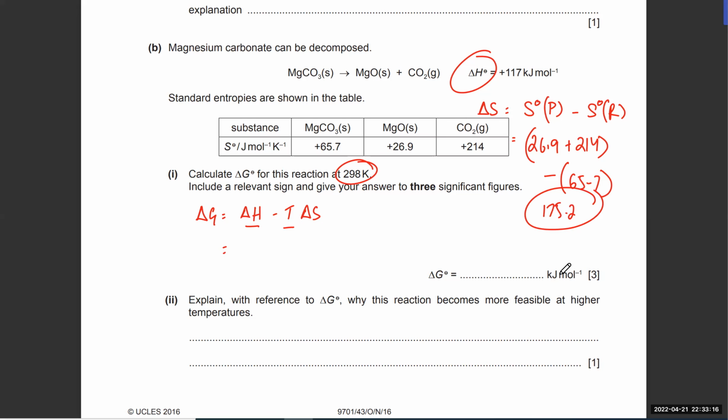Be very careful. Delta G is in kilojoules and entropy change over here is in joules. So make sure the unit is the same. The thing that you've calculated is in joules. So delta H is 117, and delta S is 175.2, but that's in joules, so it's going to be divided by 1000. Remember, delta G is in kilojoules, delta H is in kilojoules, delta S is in joules.